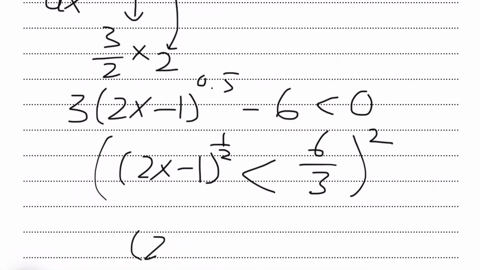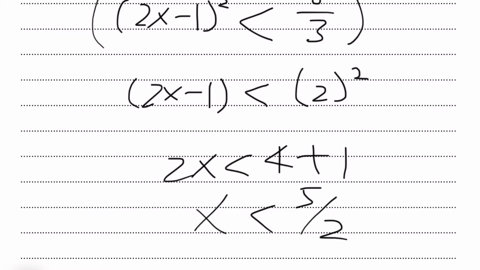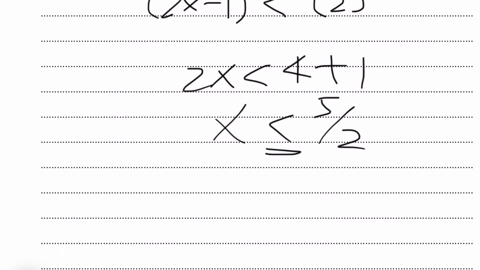So 2x minus 1 is smaller than 2 squared. So 2x is smaller than 4 plus 1, and x is smaller than 5 over 2. Since this sign satisfies your question, your value k is equal to 5 over 2.